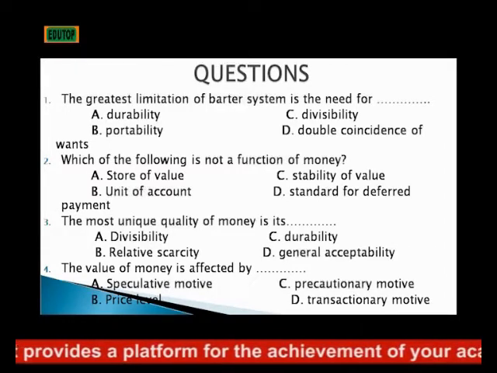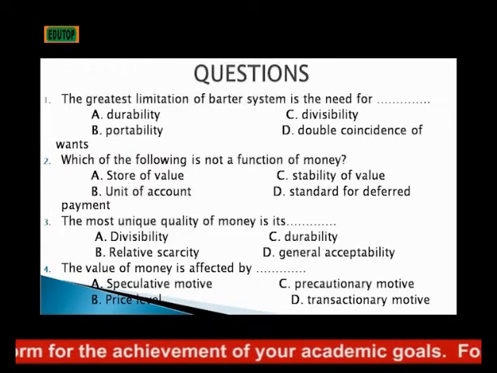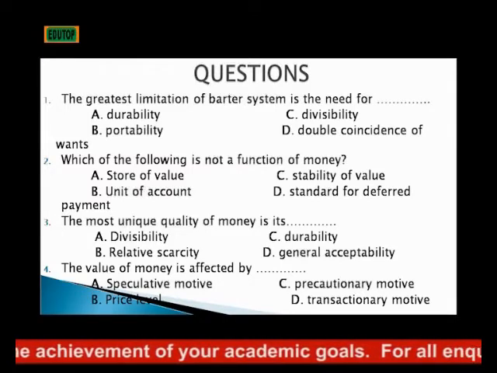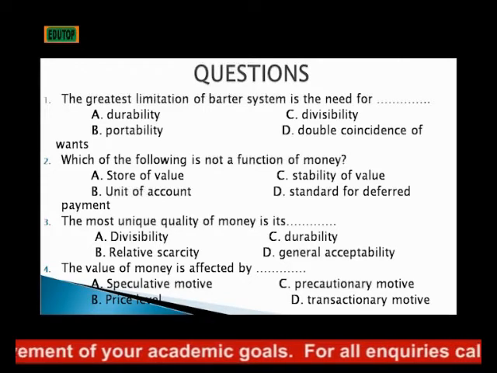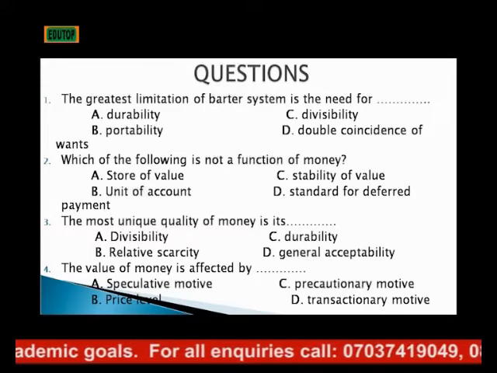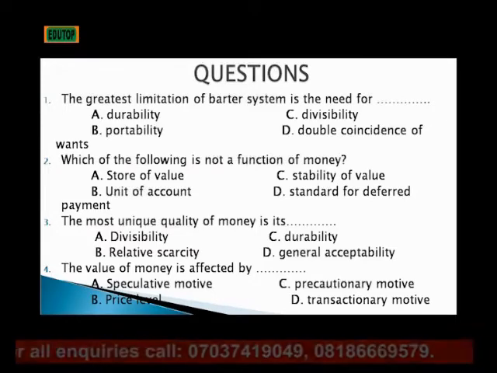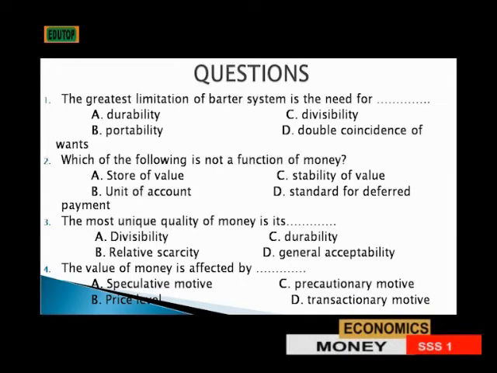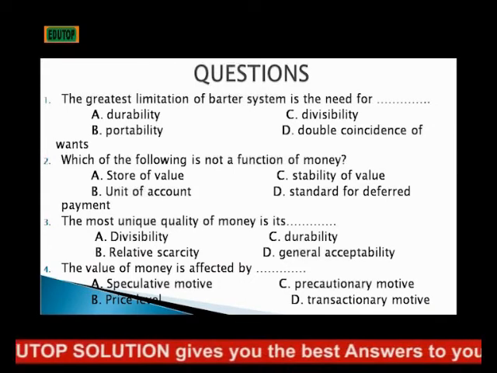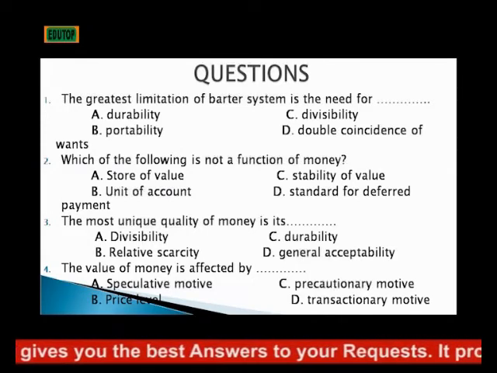Number 3. The most unique quality of money is its dash. A. Divisibility. B. Relative scarcity. C. Durability. And D. General acceptability. Number 4. The value of money is affected by dash. A. Speculative motive. B. Price level. C. Precautionary motive.